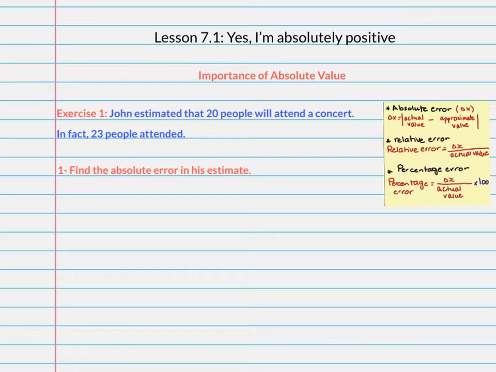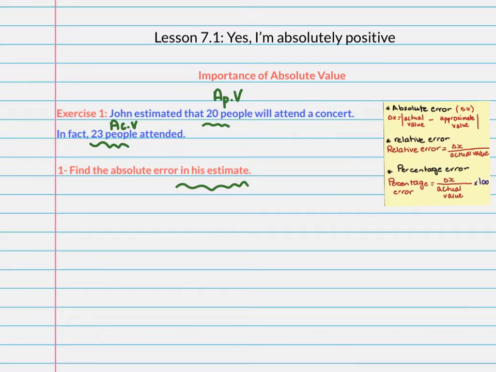First of all, we look into the question. The question says, find the absolute error in his estimate. This means that his estimate is the approximate value. His estimate is 20, so 20 is the approximate value. I'm going to call it AP value, and 23 people is the exact value, the actual AC value.